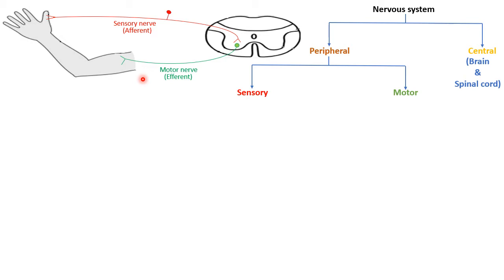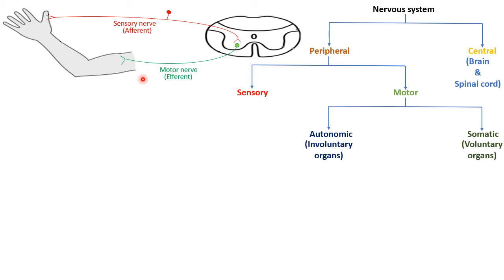So we can classify the motor part of the peripheral nervous system into a part that innervates skeletal muscles, which is called the somatic nervous system, and a part that innervates involuntary organs, which is the autonomic nervous system. So the autonomic nervous system is part of the motor nervous system, which is part of the peripheral nervous system.